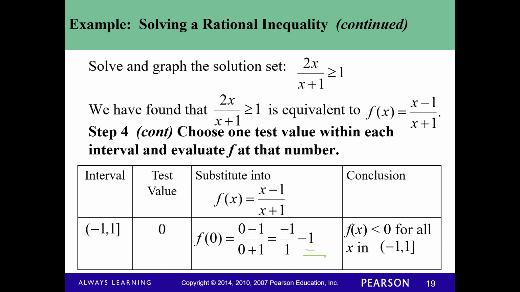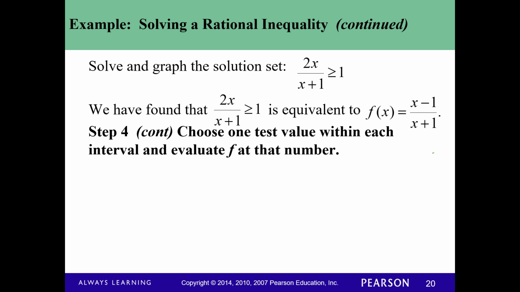If it's negative for one test point, it'll be negative for all values in that interval because it cannot change direction within an interval. It will only change direction at the boundary point. And that's why we had to get those boundary points. And so now we know that it's negative for all x values in that interval.